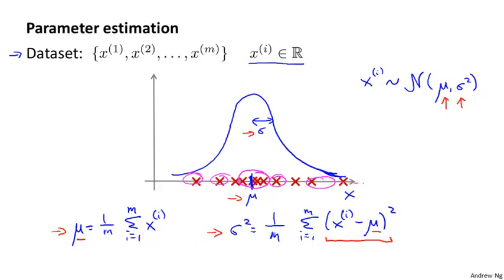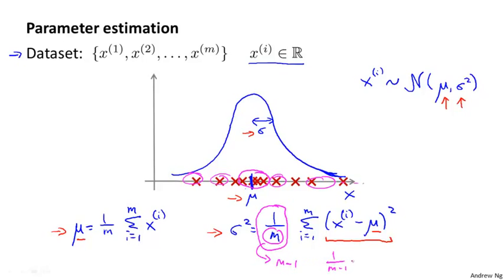Finally, one last side comment, again only for those of you that have taken a statistics class before. Some of you may have seen the formula here where this is m minus 1 instead of m. So this first term becomes 1 over m minus 1 instead of 1 over m. In machine learning, people tend to use this 1 over m formula, but in practice, whether this is 1 over m or 1 over m minus 1 makes essentially no difference, assuming m is reasonably large, you have a reasonably large training set size.